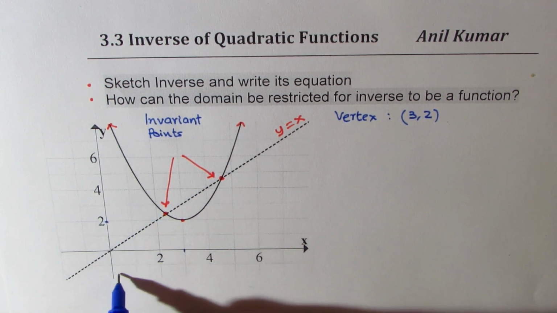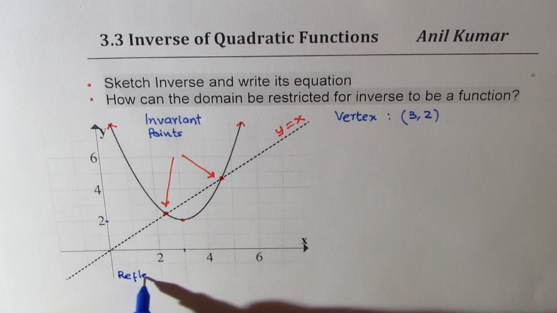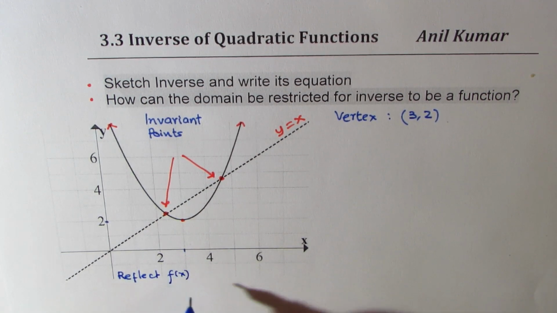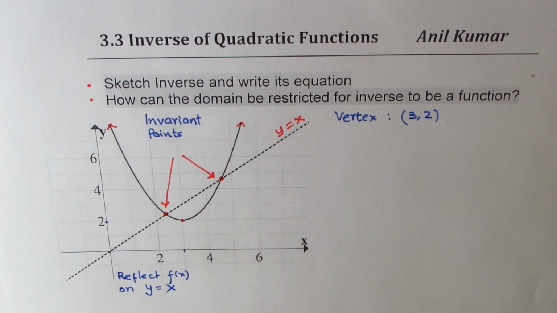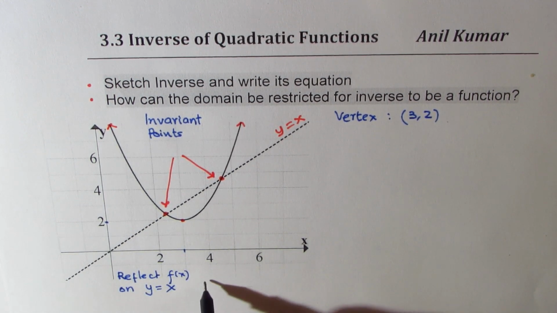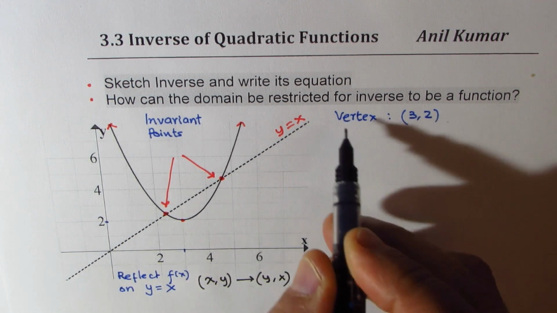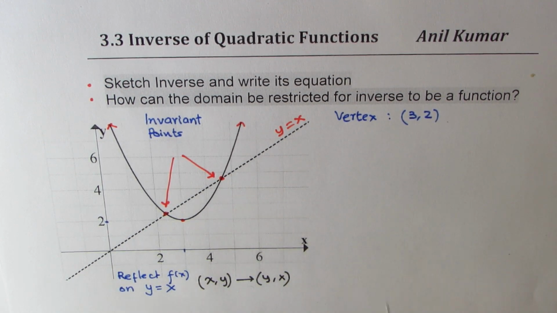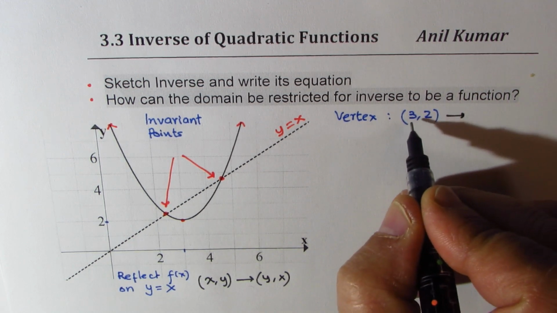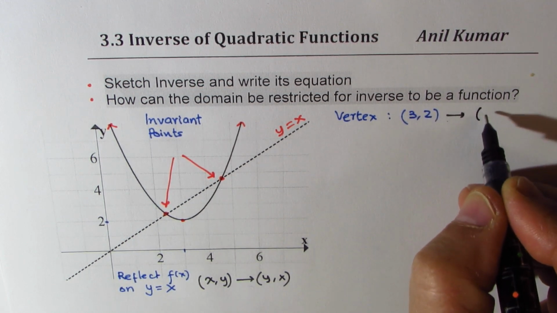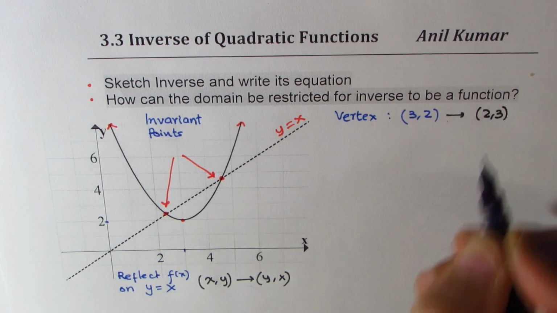So the idea here is to reflect the function f of x on the line y equals x, right? So that is kind of a mirror image. So whenever this reflection is done, what happens? The xy points swap, so they become yx. So the vertex on the function f of x will now change to the vertex which will be 2, 3, correct?